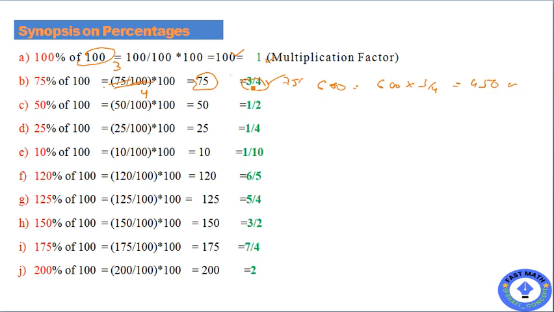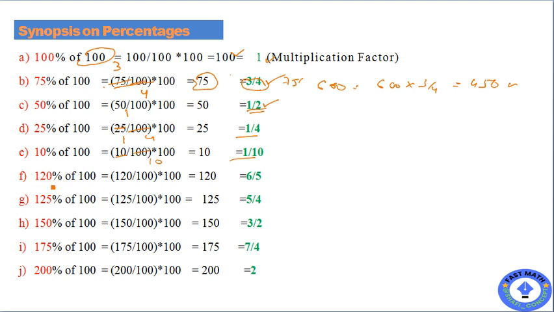The same with 50% of 100, you can go directly, taking half as the multiplication factor for the given problem. Coming to 25%, it is nothing but 1/4. How did we get 1/4? 25 is 1 time and 100 is 4 times. Coming to 10% of 100, it is directly 1/10. This is nothing but 1 ten is 10 and 10 tens are 100.